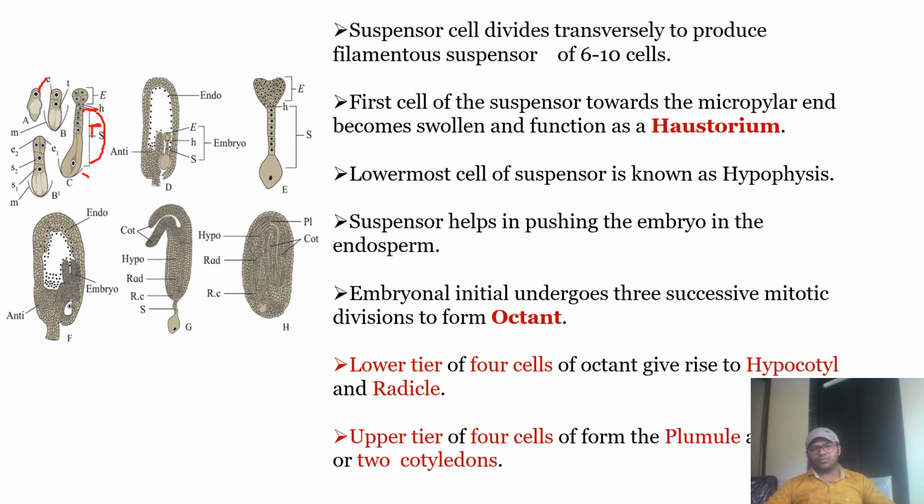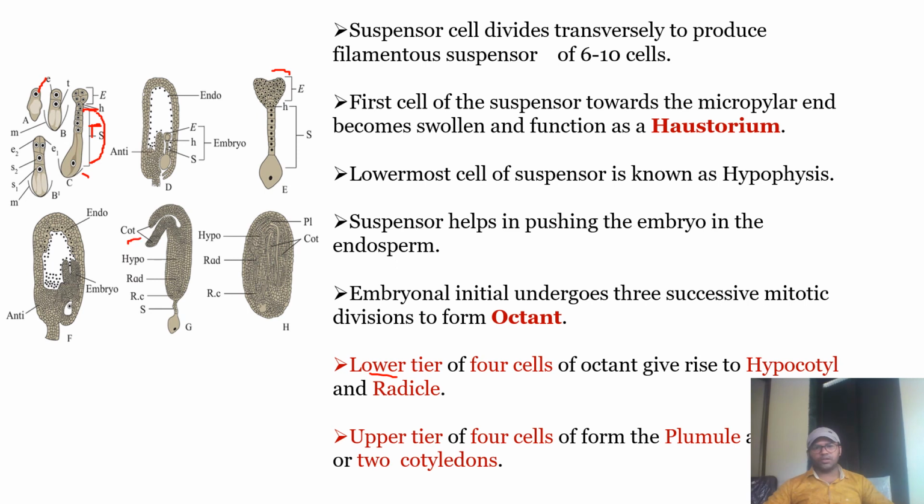Thus it forms 2 tiers. Here you can see 2 tiers, you can say lower and upper. The lower tier of 4 cells of the octant gives rise to the hypocotyl and radicle. So it will lead to the formation of hypocotyl and radicle. The upper tier will lead to the formation of the plumule and cotyledons.